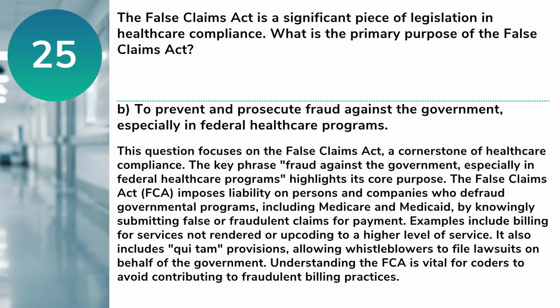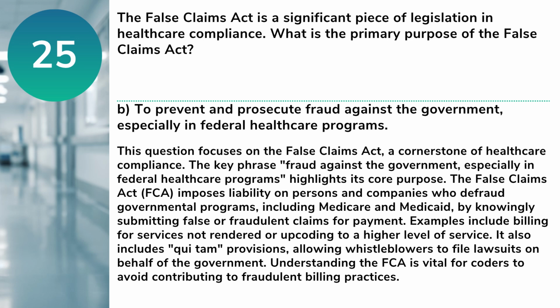Answer: B. To prevent and prosecute fraud against the government, especially in federal healthcare programs. This question focuses on the False Claims Act, a cornerstone of healthcare compliance. The key phrase, fraud against the government, especially in federal healthcare programs, highlights its core purpose.